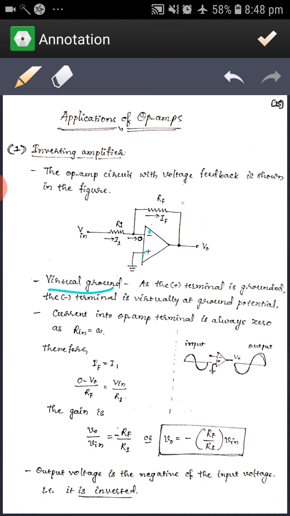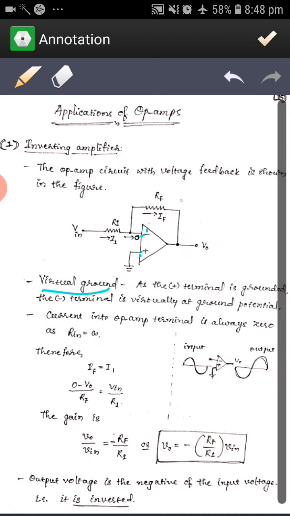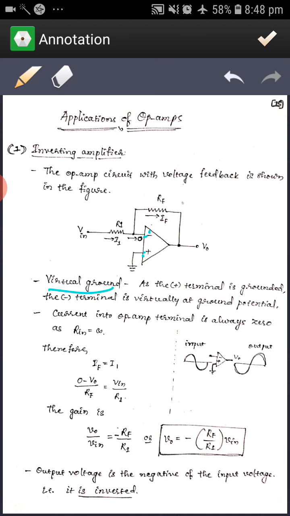The positive terminal is grounded here, so we treat it as a short. The positive terminal is grounded, so the negative terminal is virtually grounded as well.